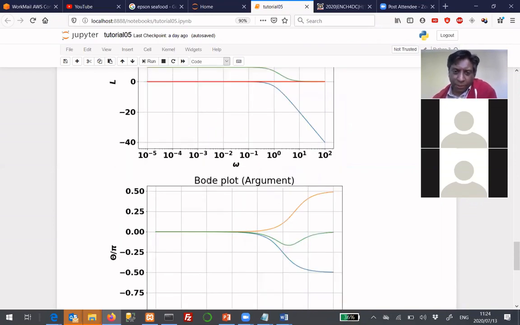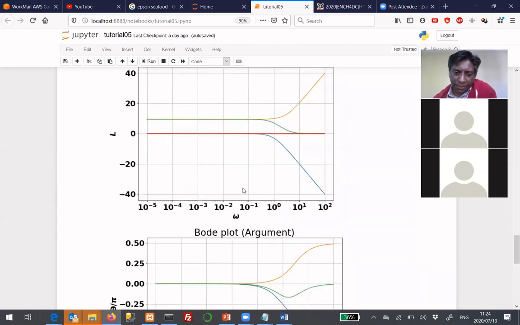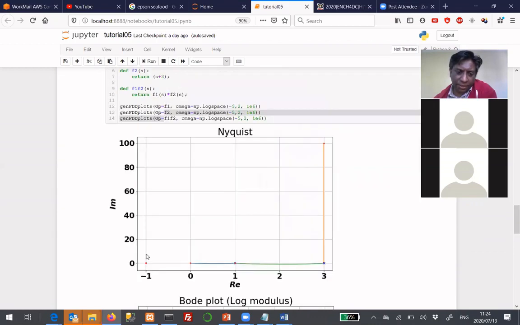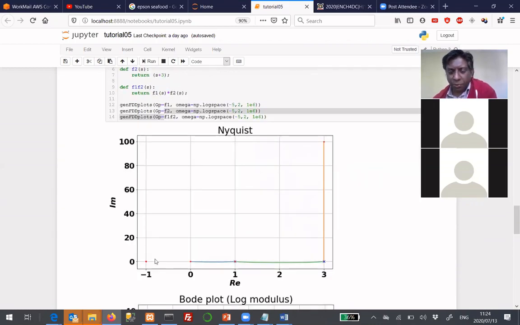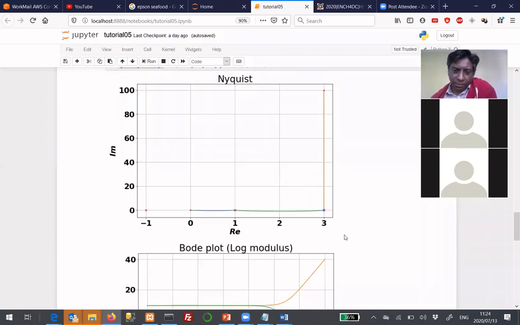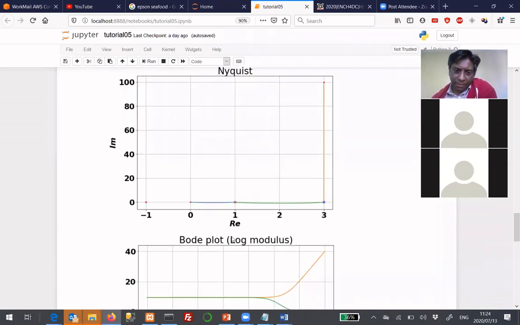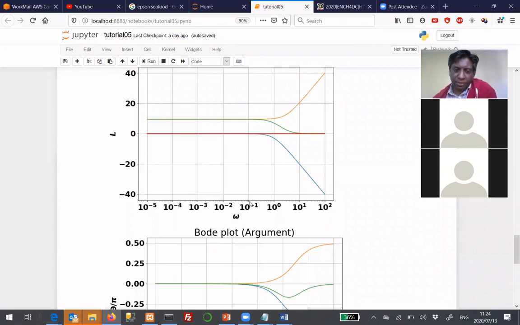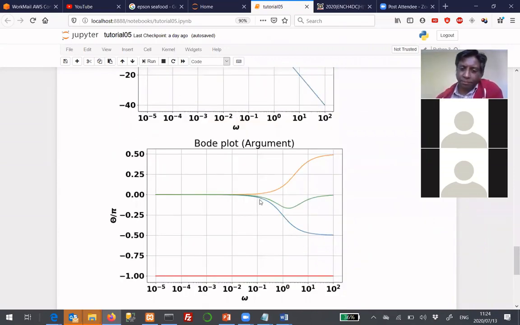So in our roundabout way, we can see from the Bode diagram that we are not going anywhere close to minus 1, 0. So we don't have to worry about instability for this function, right? So that's how we start to look at Bode diagrams.